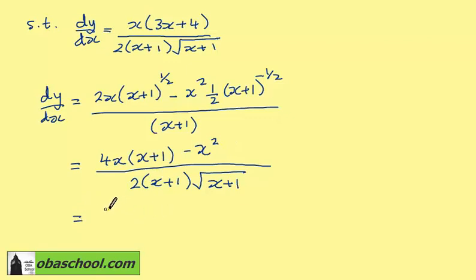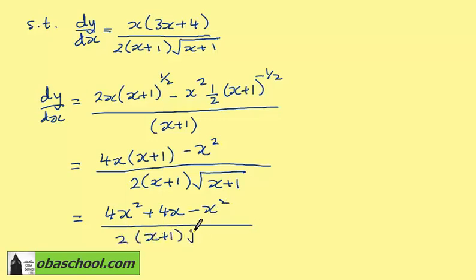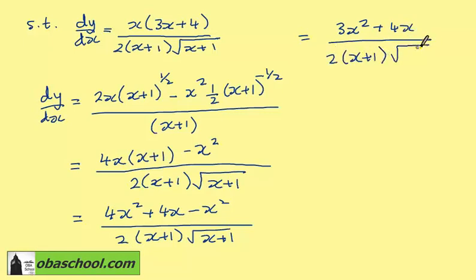So that's going to give me 4x squared plus 4x, take away x squared, over 2(x + 1) root x plus 1, which is 3x squared plus 4x over 2(x + 1) root x plus 1.